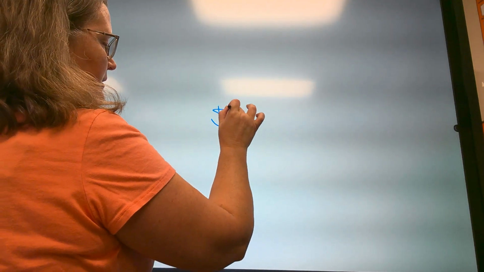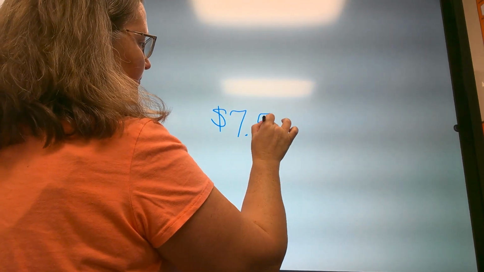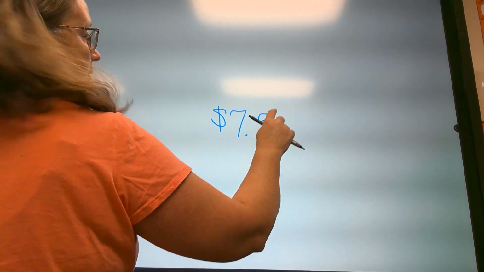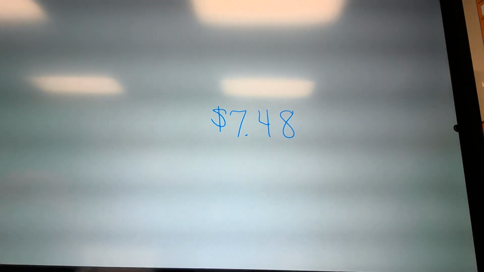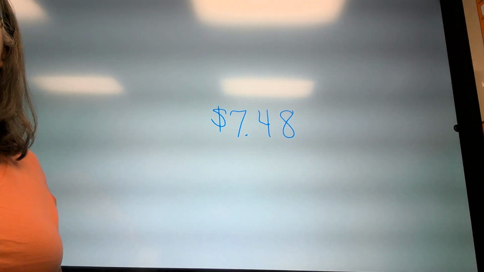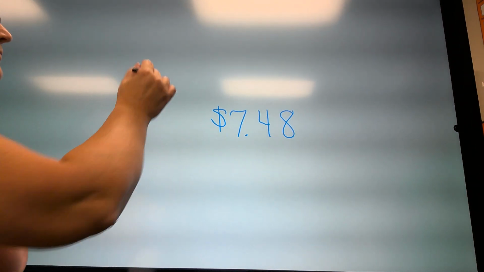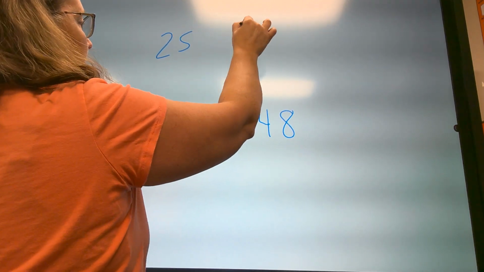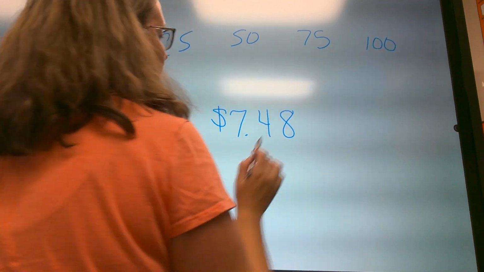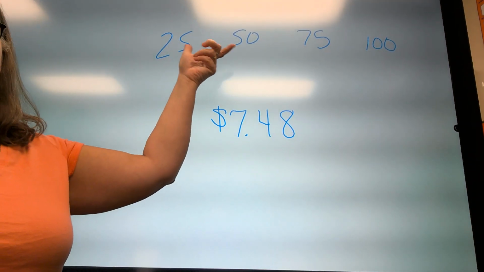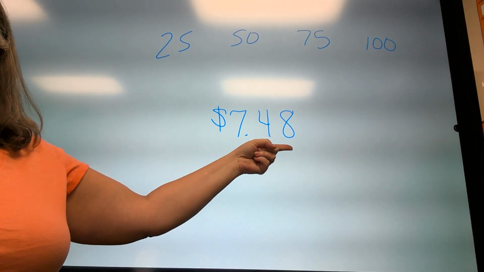We'll do a couple more because those are kind of trickier ones. $7.48. So 25, 50, 75, 100. Would it be between 25 and 50? Is it more than 25?